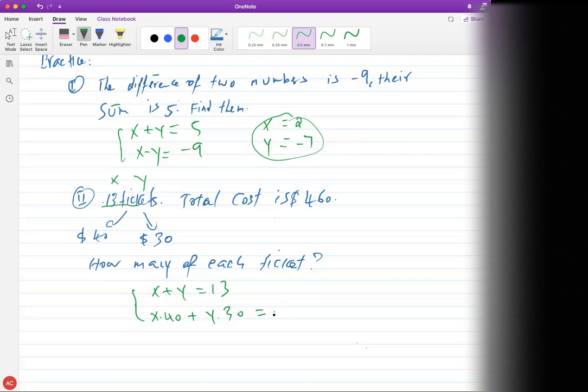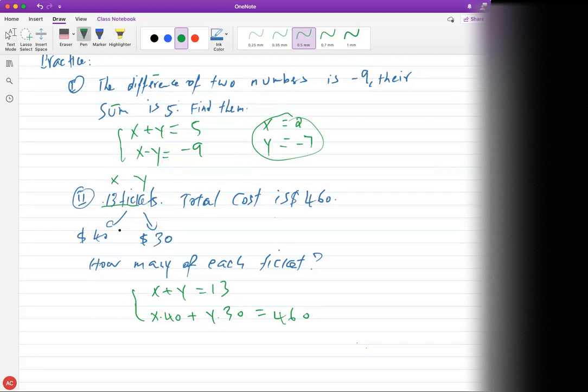And the total, according to the problem, is 460. Then we use any method of solving, either probably elimination or substitution, and you should get your solutions.